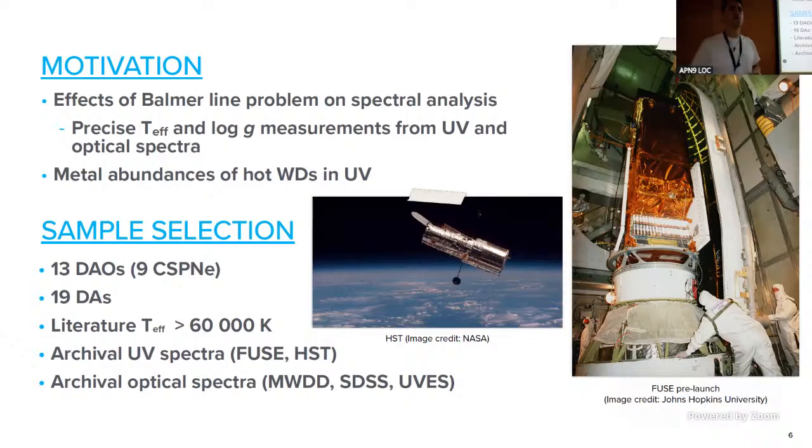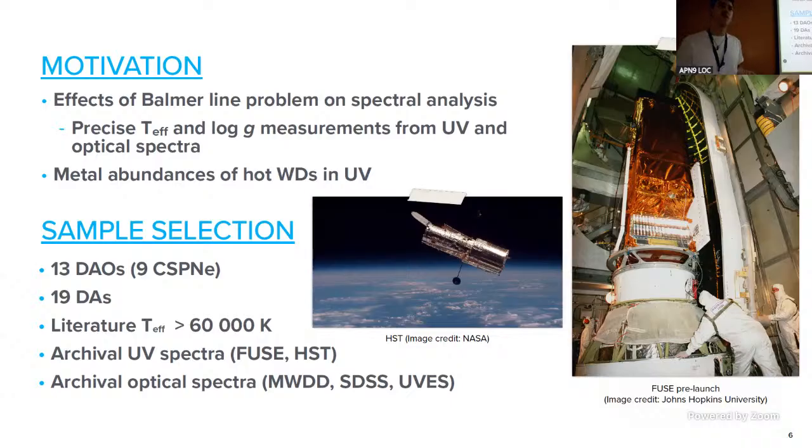But as many of you might know, the analysis of hot hydrogen-rich white dwarfs is heavily hampered by the so-called Balmer line problem, which can be described as the inability to fit all Balmer lines at the same time with the same Teff and log g. So if we have a UV spectrum as well, we can measure Teff and log g much more precisely than with optical spectra alone, and we can only get metal abundances from the UV.